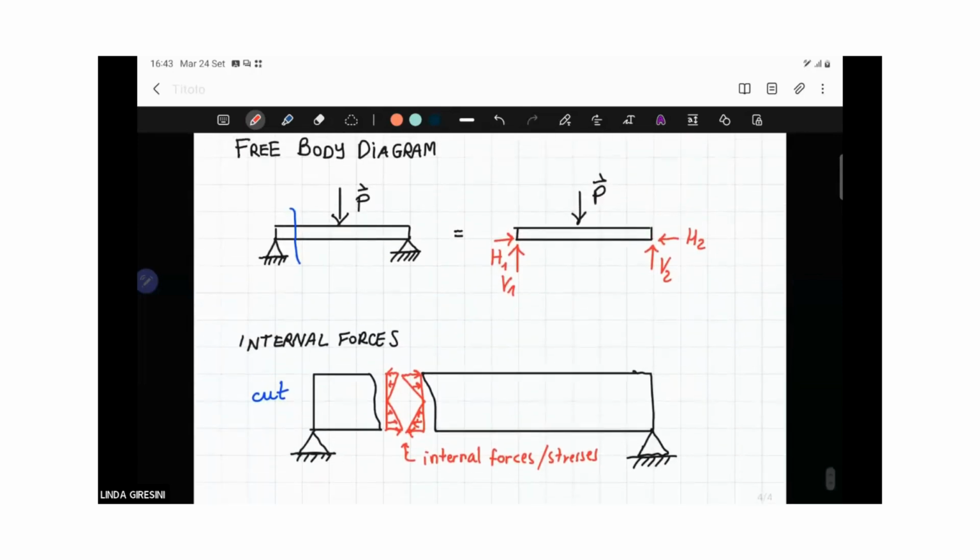They are a measure of the internal stresses in the material. Okay? Is that clear?